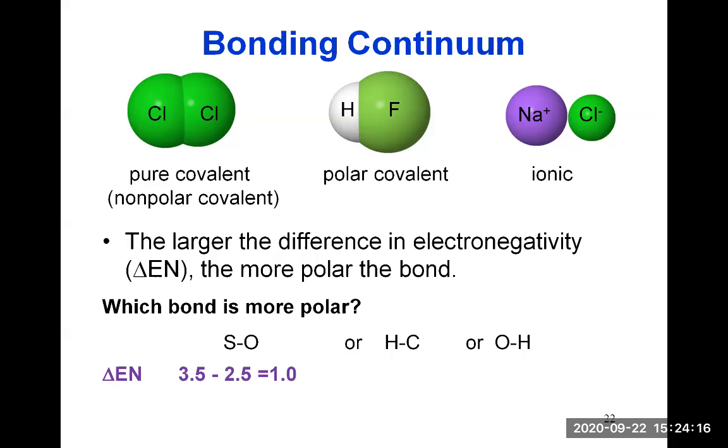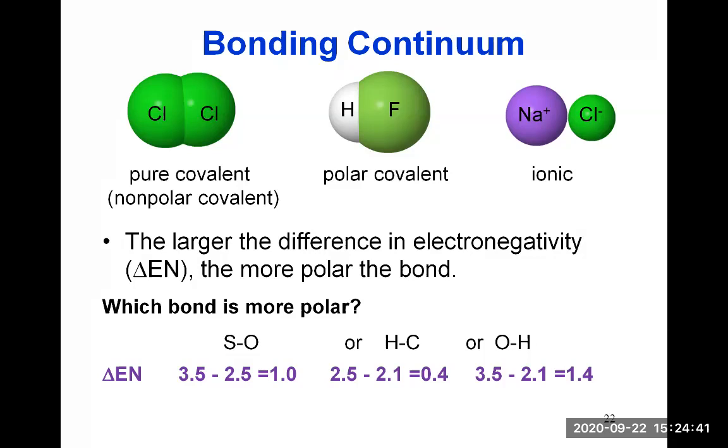For H-C, the carbon-hydrogen bond, carbon has a value of 2.5, minus 2.1 for hydrogen, that's a difference of 0.4. And for the O-H bond, oxygen has a value of 3.5 minus 2.1 for hydrogen, and that's a difference of 1.4.